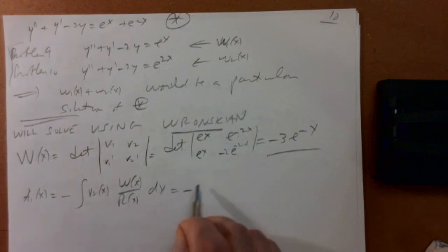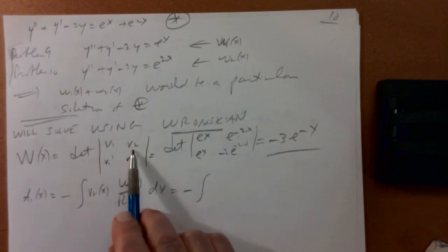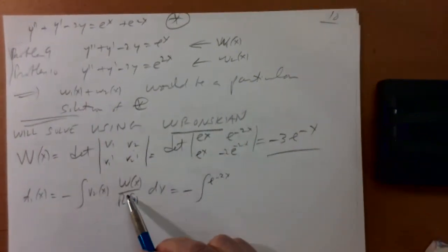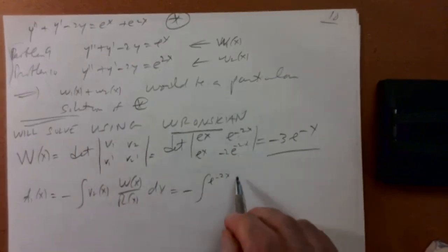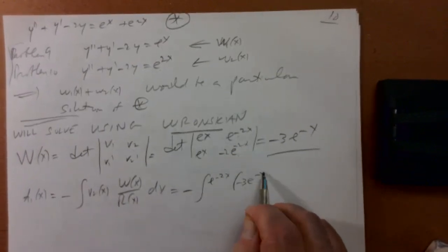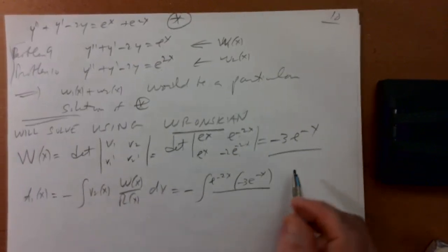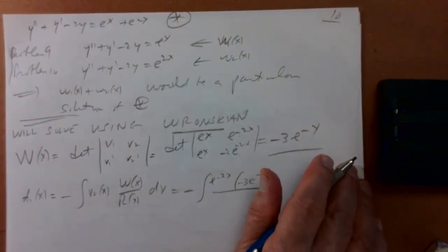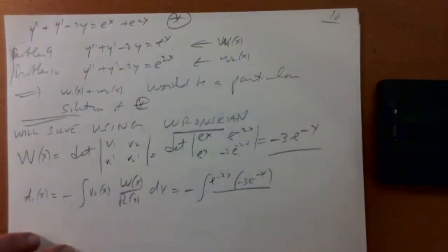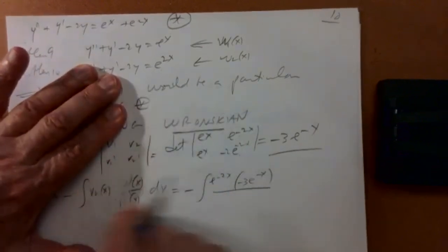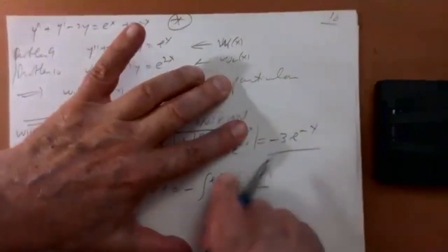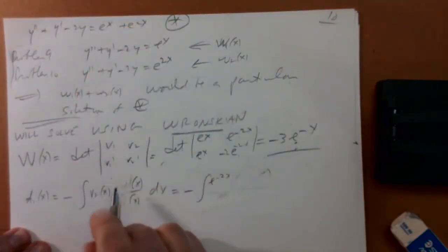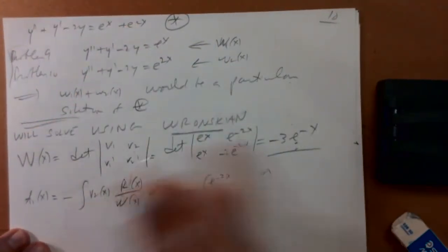V2 is e to the minus 2x. The Wronskian is minus 3 e to the minus x. Sorry, I wrote this backwards: R of x over W of x.